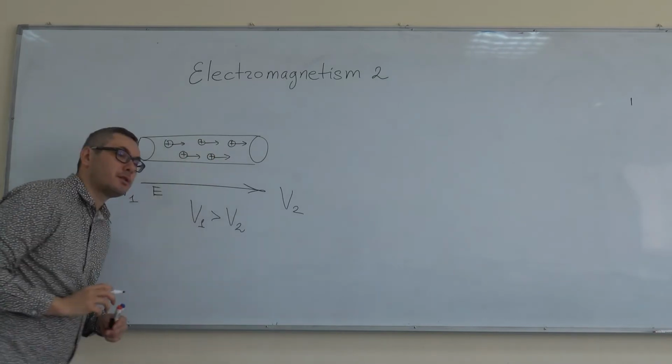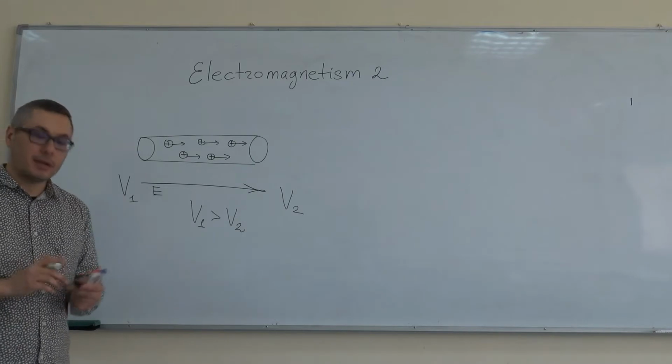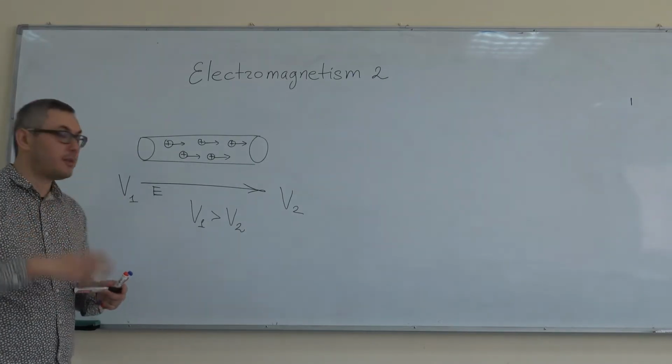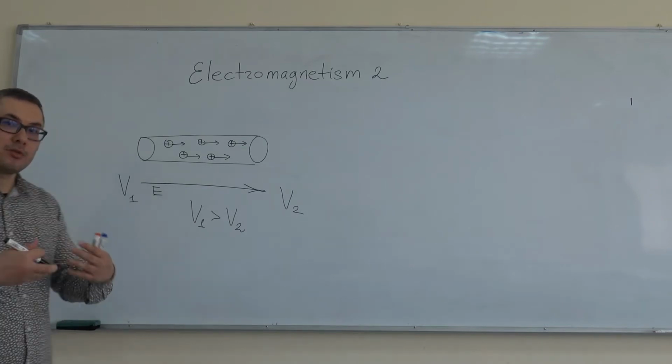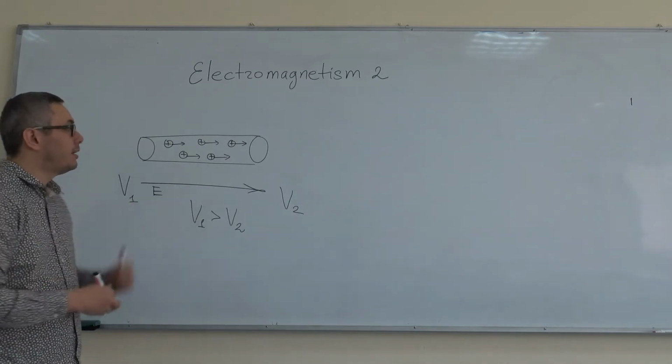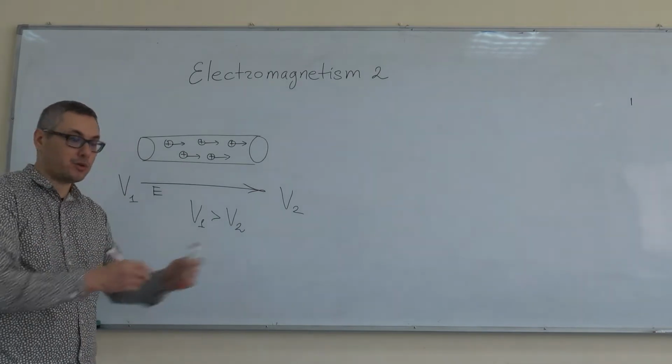A very good analogy in relation to this electric current is the analogy with water. Think of electric current as water, and then the wire as a pipe in which the water flows.